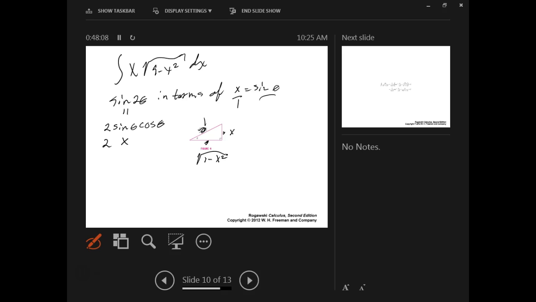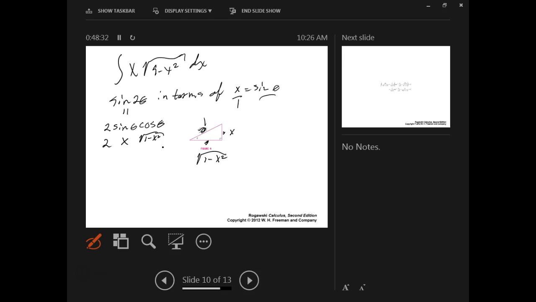That's it, exactly. Over 1. So yeah, cosine theta is the square root of 1 minus x squared. So there you express sine 2 theta in terms of x, when x is sine theta.